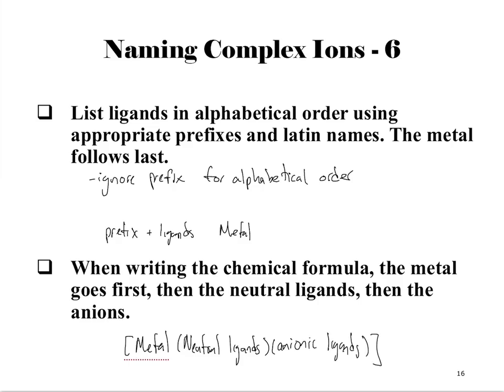So the chemical formula, and then we have the charge up here. All right, so they go in opposite. When you're naming it, you go in the opposite order as when you're writing the chemical formula. Right, so prefix, ligands, metal, in naming it in words. The chemical formula is metal, neutral, anionic, in brackets, and then charge.